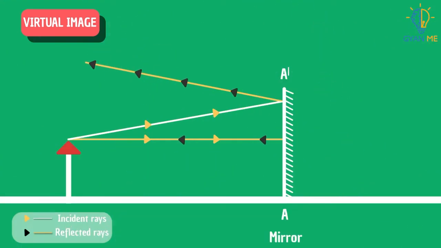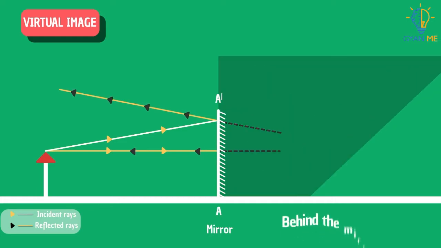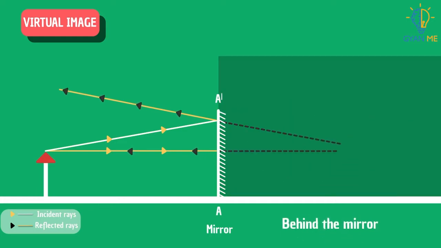Now what you do is just extend the reflecting rays behind the mirror and see what happens. Yes, they appear to meet at a point behind the mirror. This is the point where we see the image of the point from where rays were incident. Thus, we see the image of the object at this virtual meeting point.